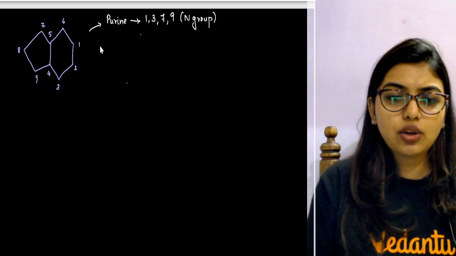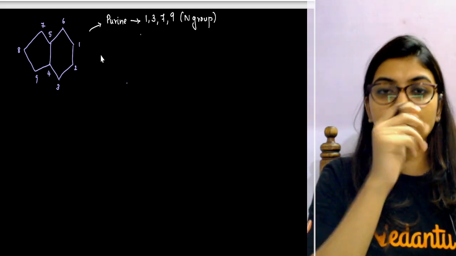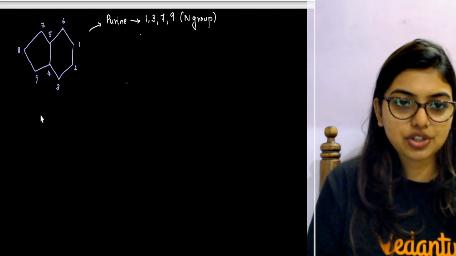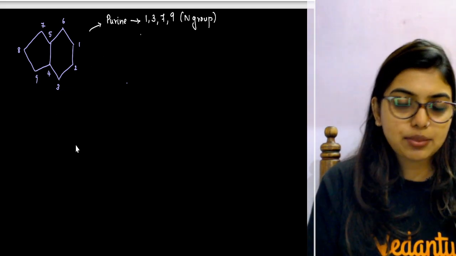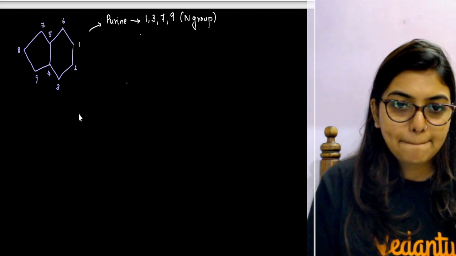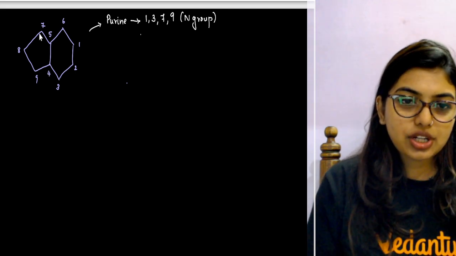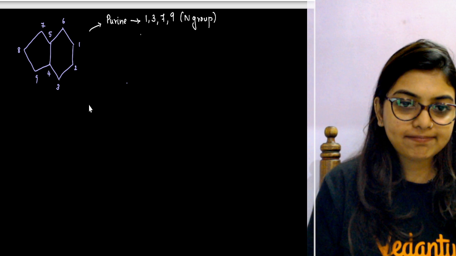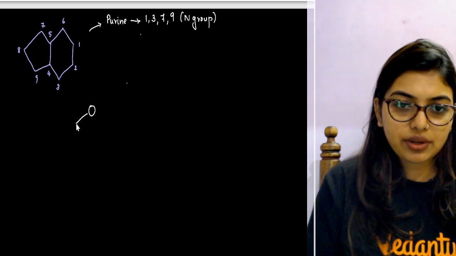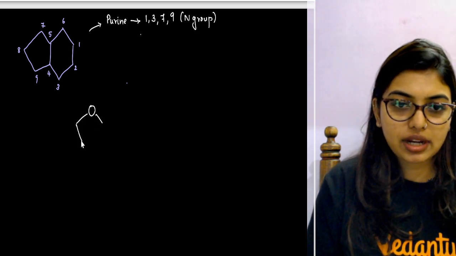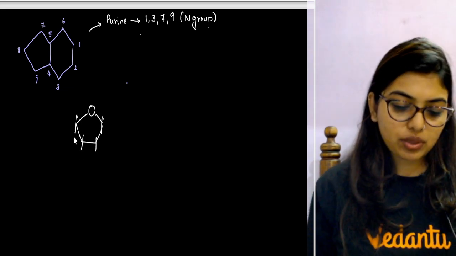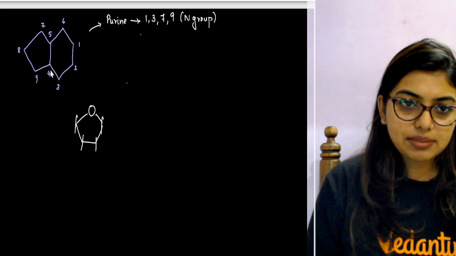Then on the pyrimidine, on the first and the third position, there is going to be a nitrogen group. Now look here, this is the ninth position. Actually I should have drawn this down, but just to show you, I'll draw it here. What I wanted to show is this and this making a bond.